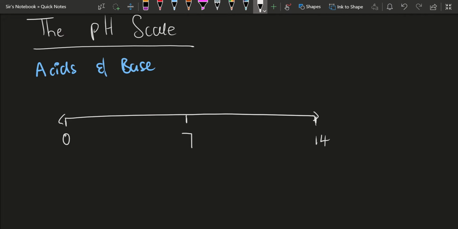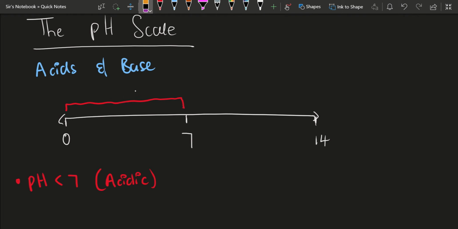So what does my pH scale actually tell me? Now, I want you to note this. If you have a substance with a pH value less than 7, we say that that particular substance is acidic. So this section here is the acidic section.